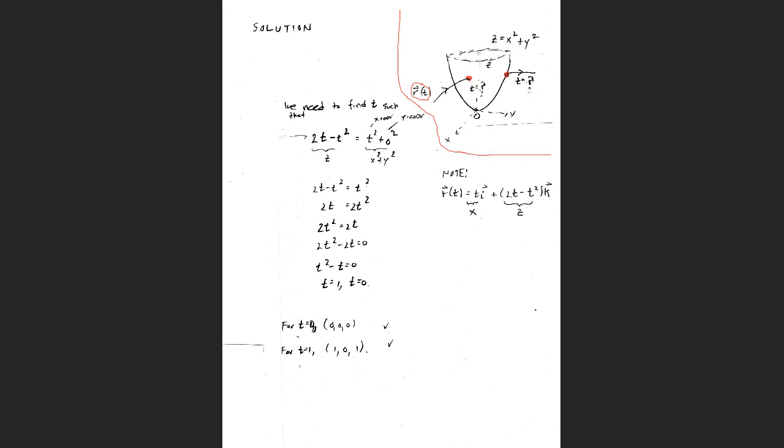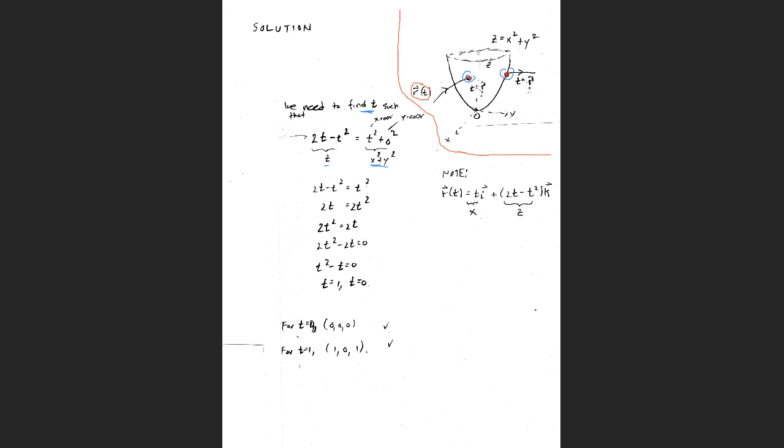So that means we need to find times t such that z equals x squared plus y squared. I think it's sort of clear there's going to be two answers, two time values for which the space curve intersects the paraboloid: one time upon entering the paraboloid and another time upon exiting it.